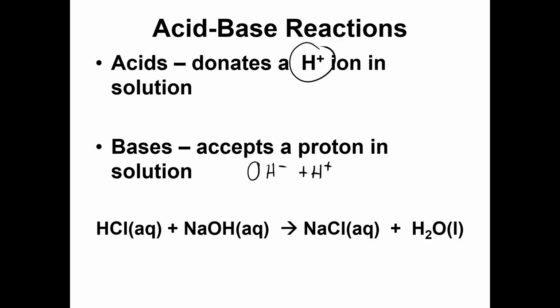It's called a proton, hydrogen plus ion, because hydrogen only has a proton in the nucleus and an electron. And if that electron is removed, we have H plus or a proton, just a single proton which has a positive charge. And that's the net ionic equation for most acid-base reactions. You always get salt and a water, especially for the strong acids and bases.